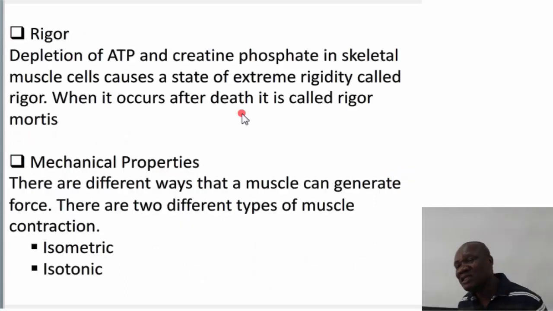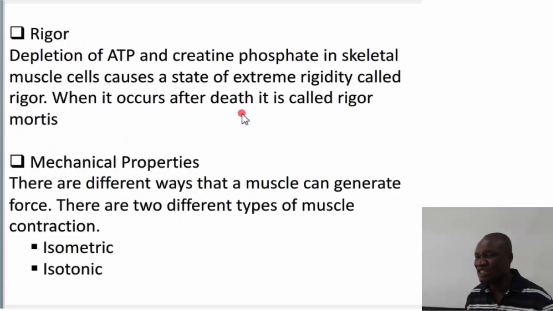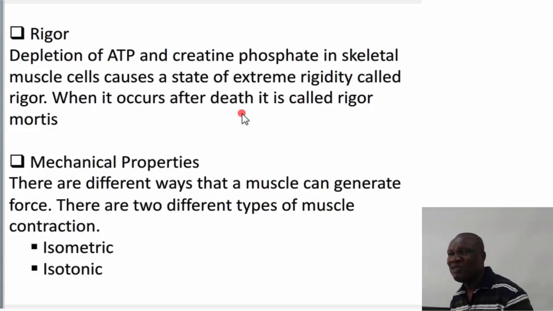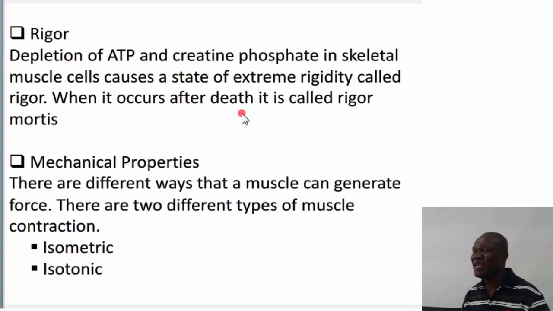Now, let's look at what happens when there is no energy. When ATP is depleted and creatine phosphate is also depleted in skeletal muscle, this results in a state of extreme rigidity called rigor. Know that you need ATP to detach the myosin heads from the actin.